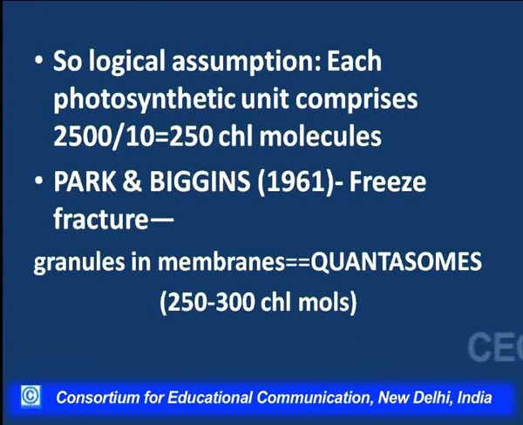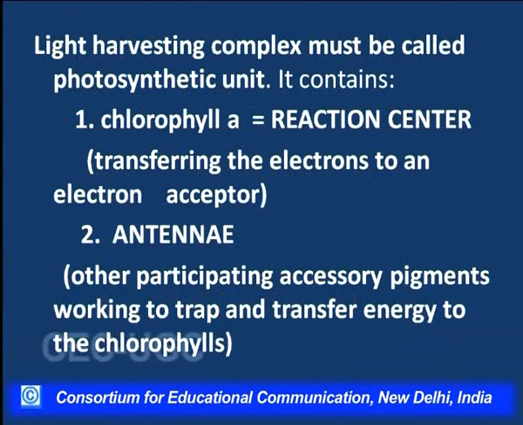They immediately thought that these are the units that people have been talking about. They must be clusters of 250 chlorophyll molecules plus 50 carotenoids and other accessory pigments like chlorophyll B, and they called them quantasomes. The story fitted very well, but then the modern ideas negate this whole idea.